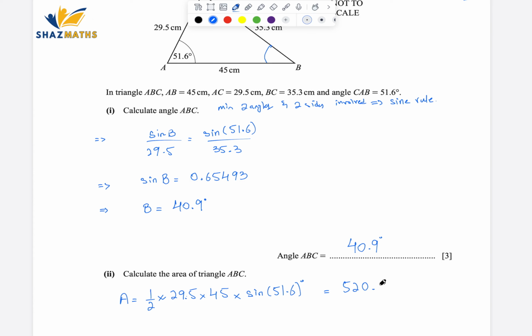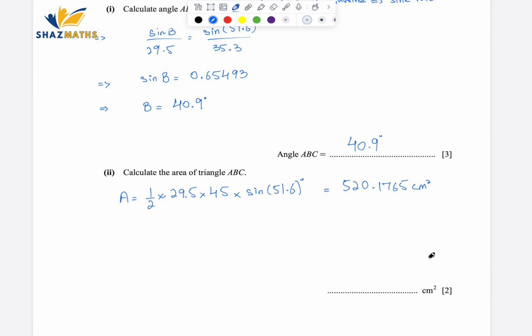I'm just gonna say 520. Let's write it down. 520.1765 centimeter square. You can leave this answer over here as well, but if you remember the instruction in the paper, the answers that are not angles, you leave them in 3 significant figures. So I'm just gonna write it as 520 centimeters square.